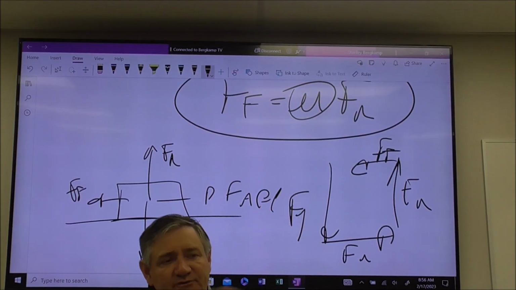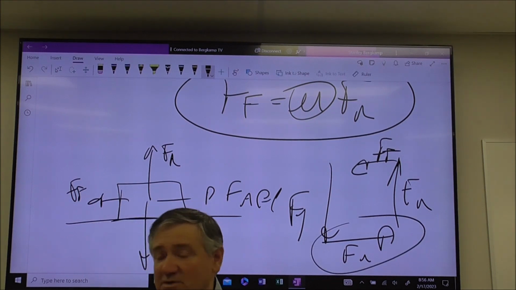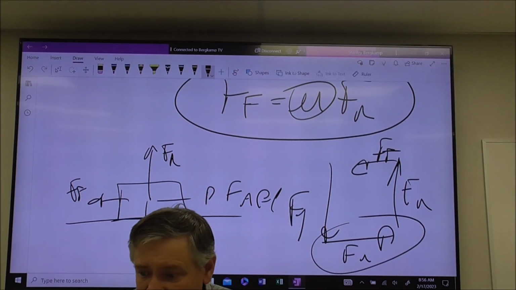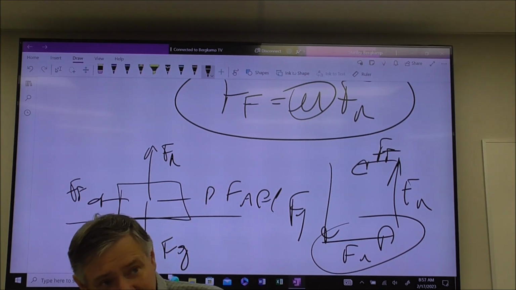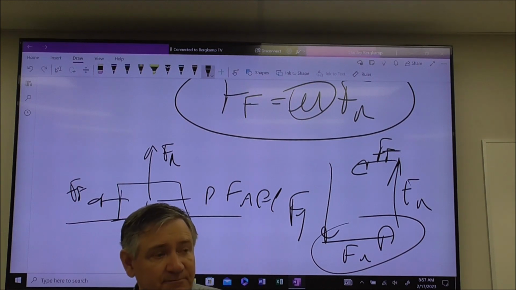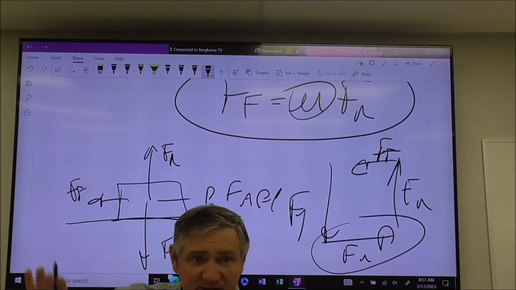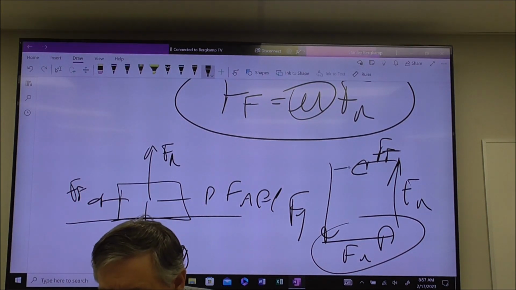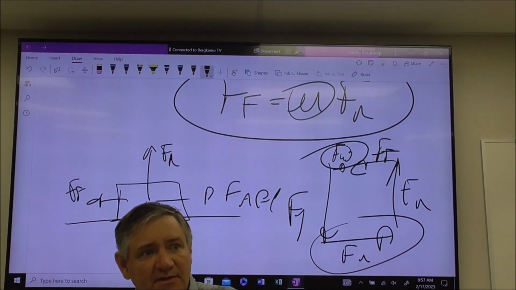What you'll see is that your frictional force is less than your applied force. That's what allows it to move. If my applied force is less than my frictional force, nothing's going to move, so my applied force has to be bigger. Now, this harkens back to the days of vectors. I'm going to draw a net force. That net force is the resultant, and that's what you're after.